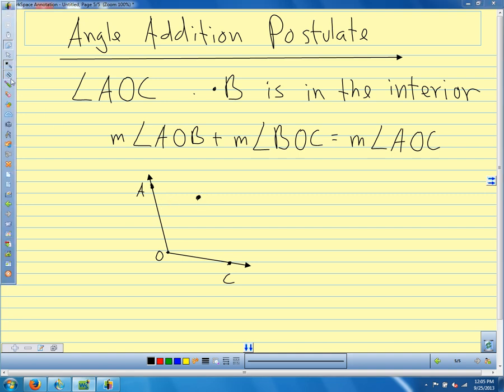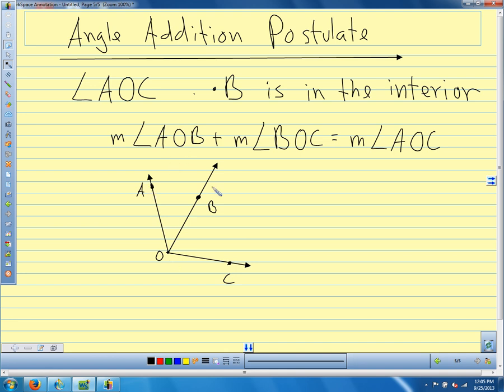Yes, the angles have to have arrows on it. Right now we're saying that angles are made of rays. We can talk about angles made by segments, but for now our angles are made of rays, so we'll draw our angles with rays. There's my point B. I'm going to draw a ray from O through B. There we go.